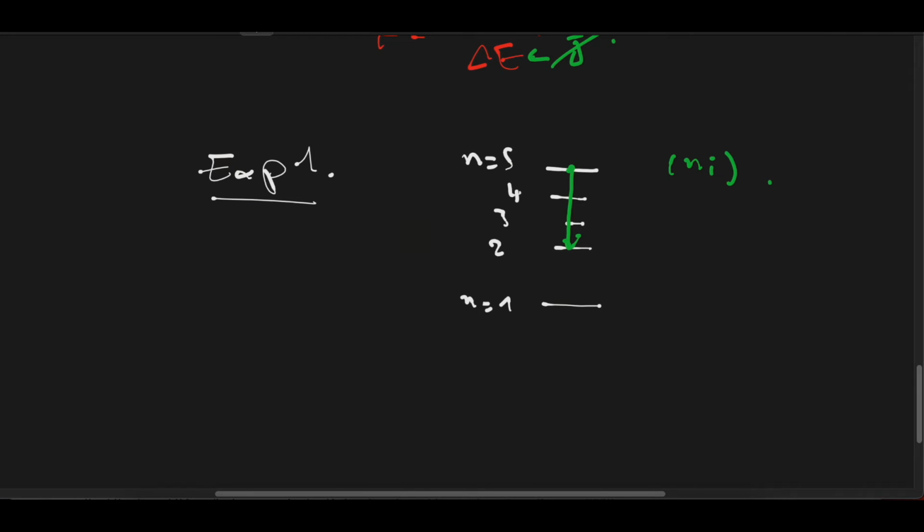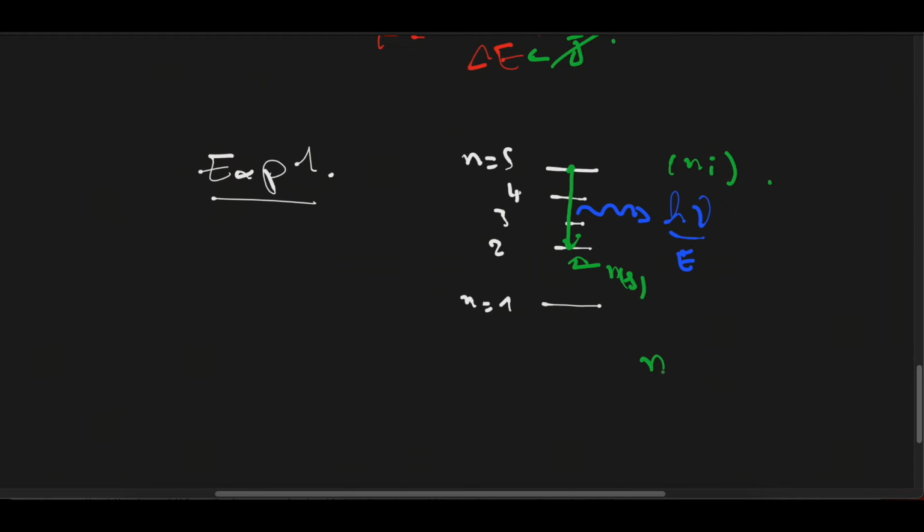As it returns to the second level, it will emit energy in the form of a photon of energy h nu. This level corresponds to the final level.